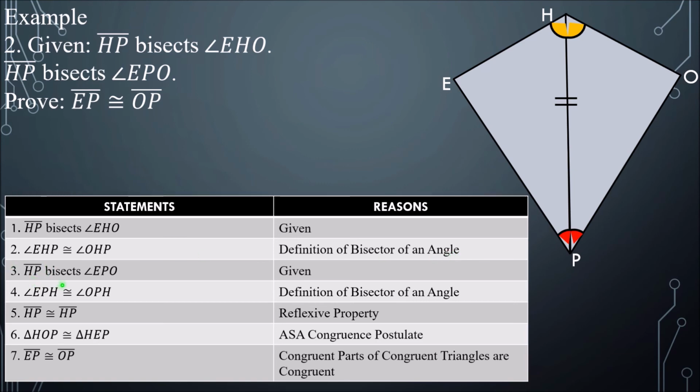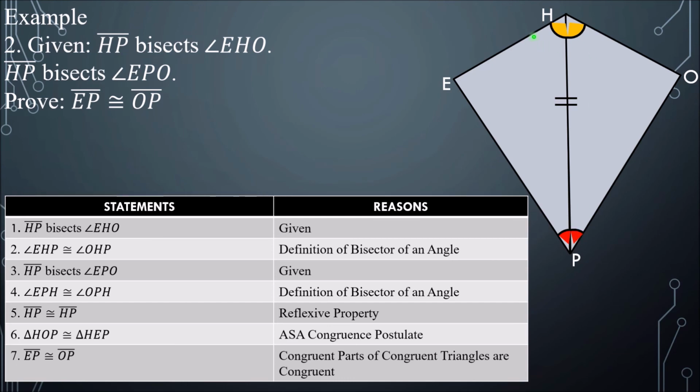Next, HP bisects EPO, and that is given. Because of that, angle EPH, this angle here, is congruent to OPH, this angle here. And the reason is definition of bisector of an angle.